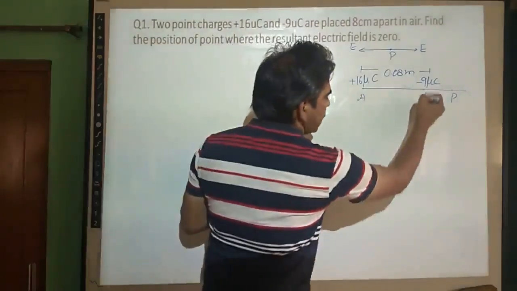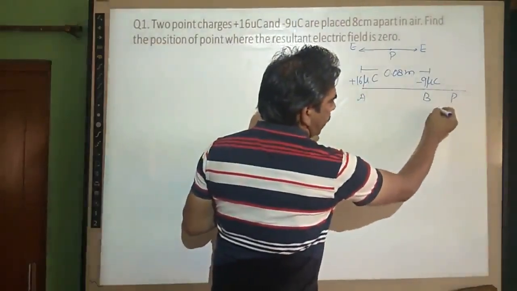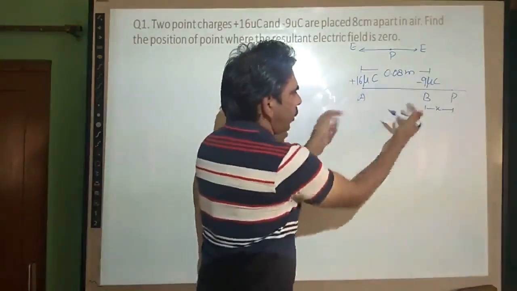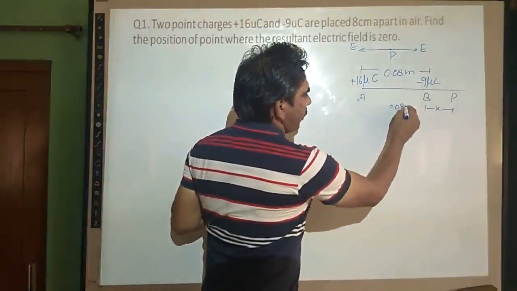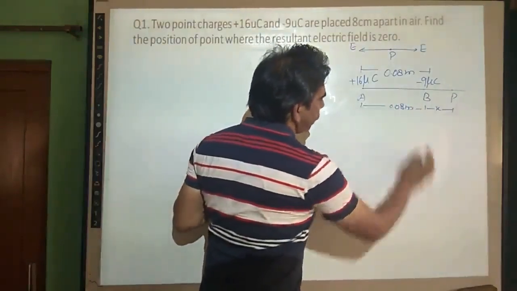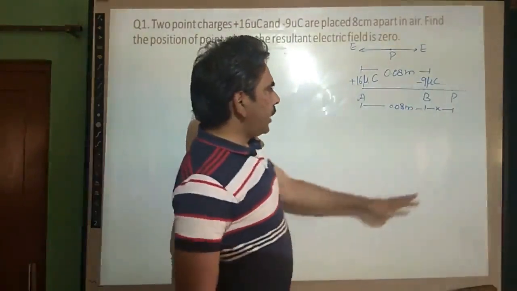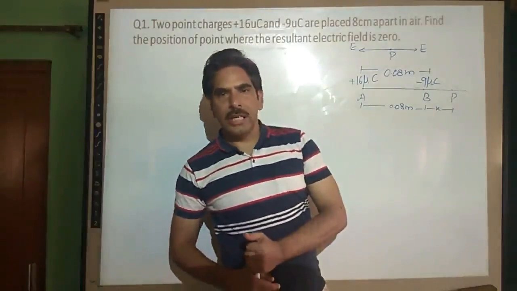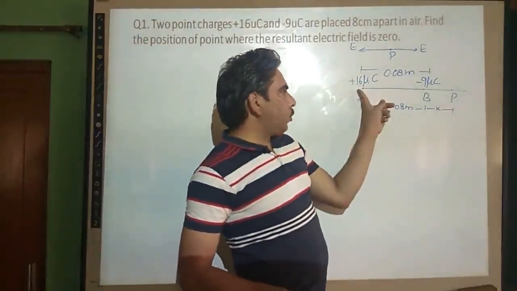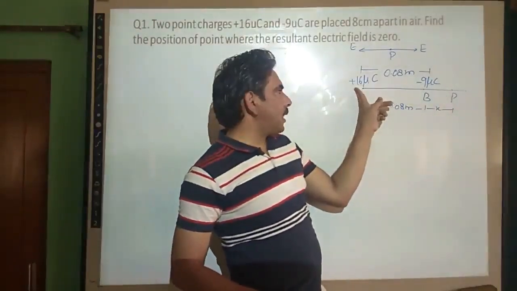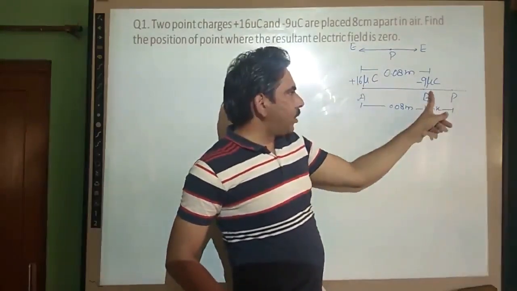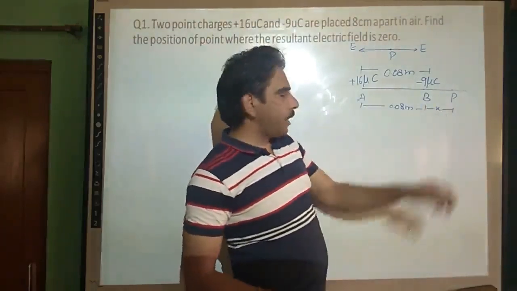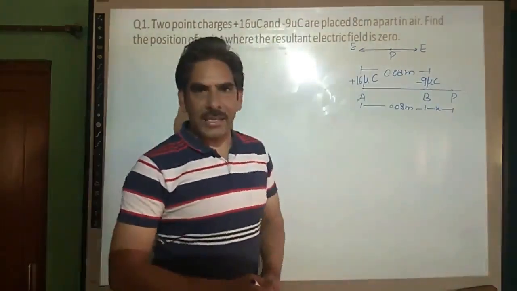Let us take the distance of this point from point B, the minus 9 charge, as x, and this one is already 0.08 meter or 8 centimeter. So in this case, if the resultant electric field is 0 at point P, that would mean the electric field due to the charge placed at A will be equal in magnitude to the electric field due to charge B. So in that case we can find the position x here.